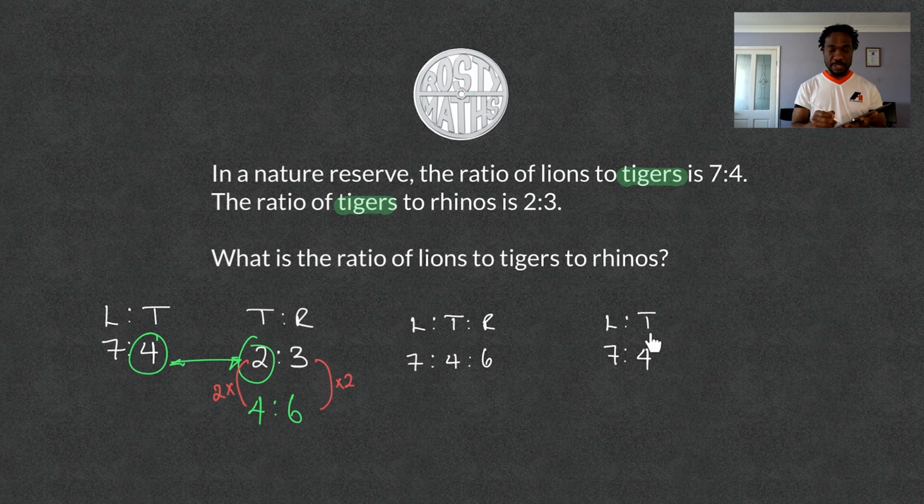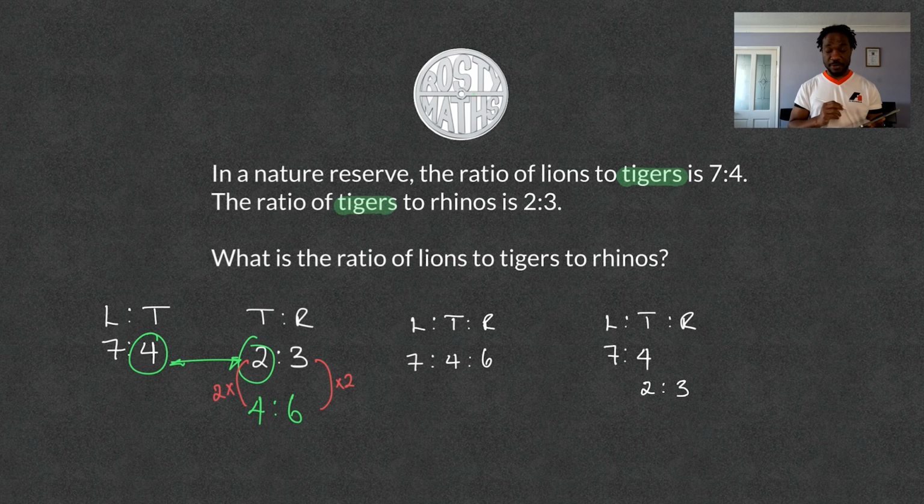The tigers, because it's the repeated one, I'm going to keep in the middle because it looks nicer to me. You can put it wherever you like. Now I want to do tigers to rhinos, so I'm just going to stick my rhinos on the end there. It's 2:3 tigers to rhinos, so I'm going to put 2:3 there.